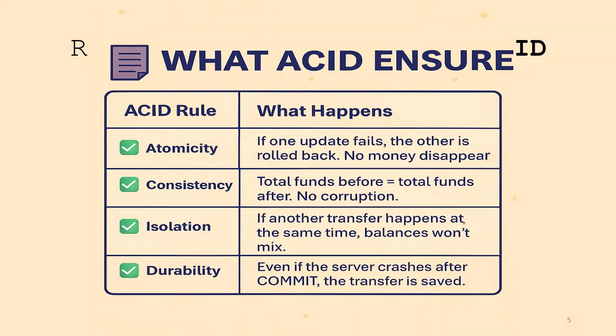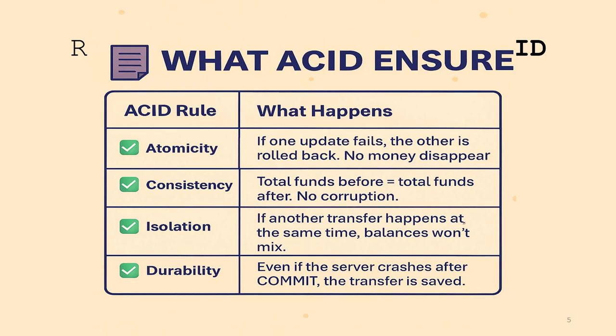And now let's go back to the 4 vocabularies. Atomicity: if one update fails, the whole thing is rolled back, no money disappears. Consistency: the total balance before and after the transfer remains correct, so the money will not stay in the middle between Alice and Bob.